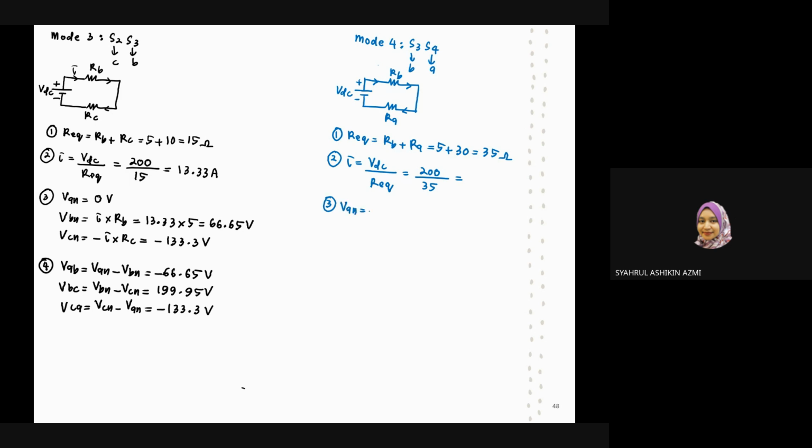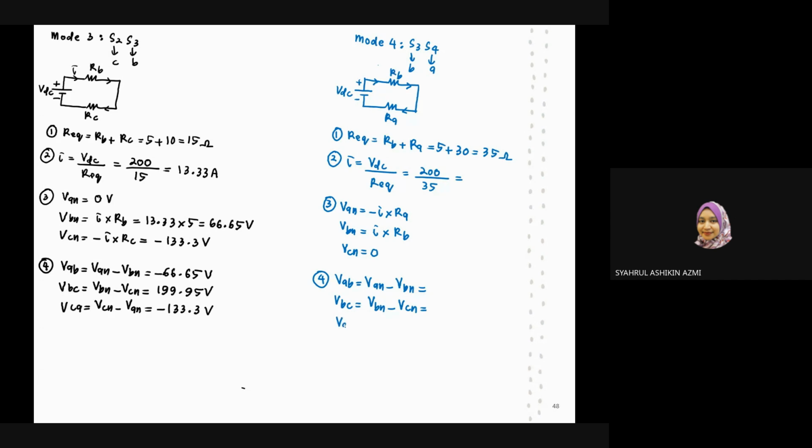VAN will be equal to negative I multiplied by RA. VBN will be equal to positive I multiplied with RB. VCN will be equal to 0. Step number 4: VAB is VAN minus VBN. VBC is VBN minus VCN.